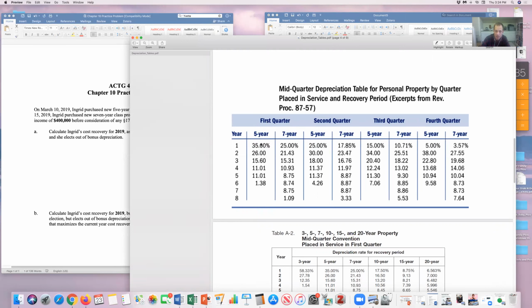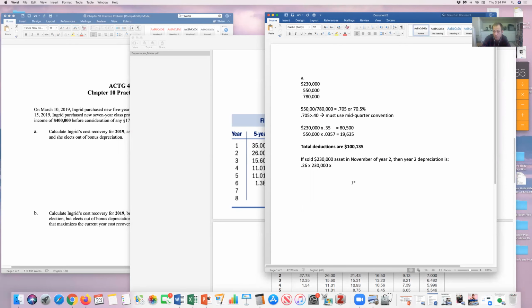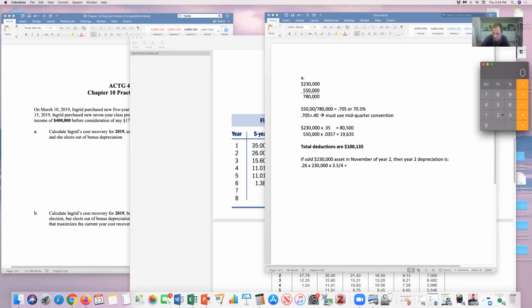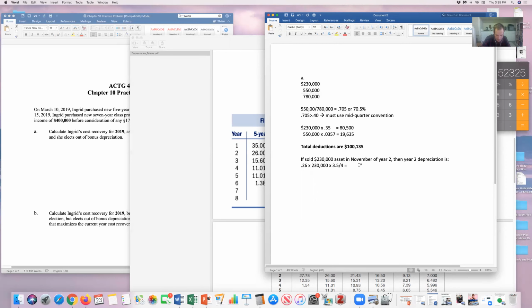I want to go here to get my 26%, but then, since it was the fourth quarter, she gets half of the fourth quarter and all the quarters before that. So she gets the third, second, and first quarter, and half of the fourth. So it's going to be times 3.5 out of 4. So it would be $52,325.